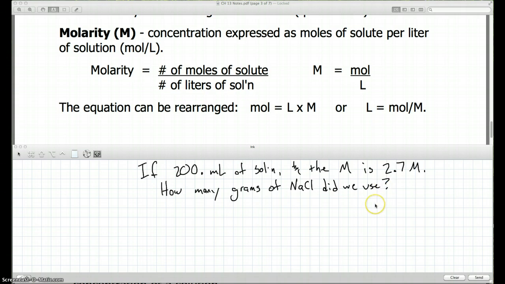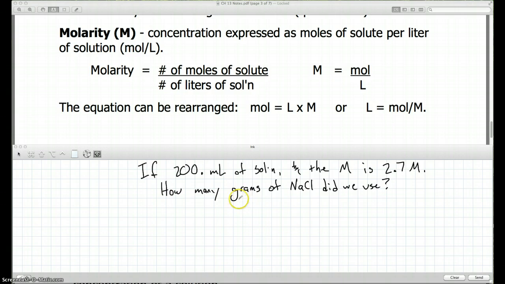So, if I look at that question, I have milliliters, I have molarity, I'm looking for grams. Well, there is no equation up here that has grams, but I know if I can get moles, I can convert moles into grams. So this is the equation I'd want to use.